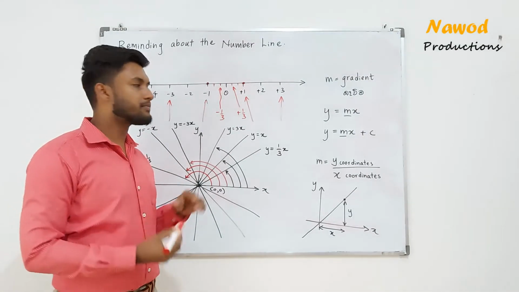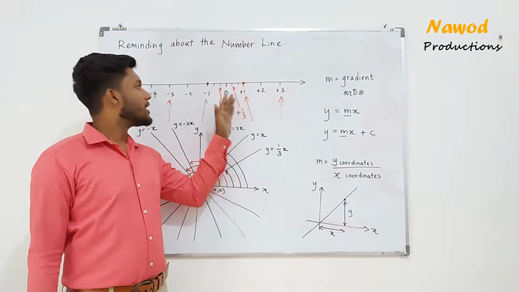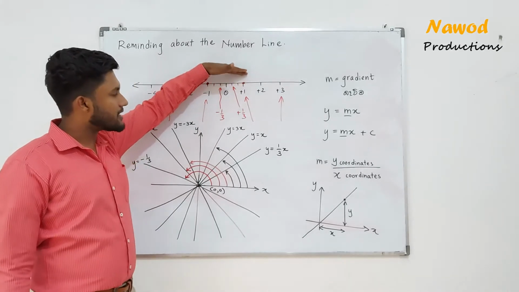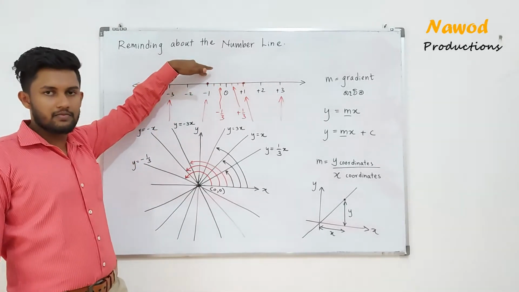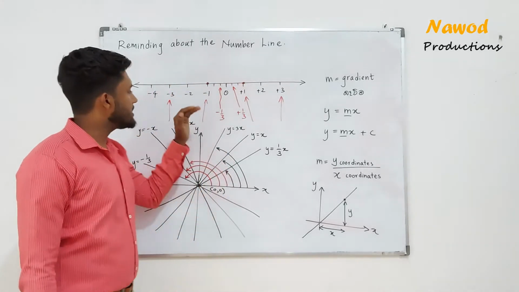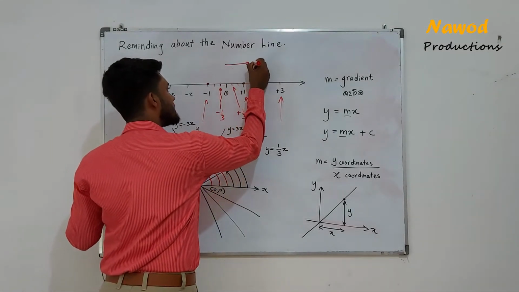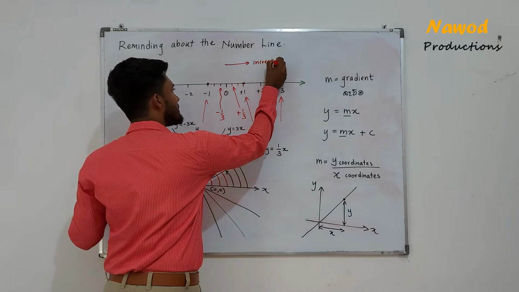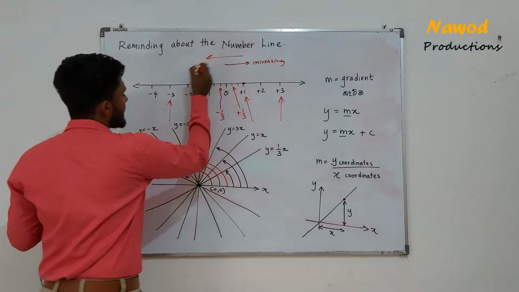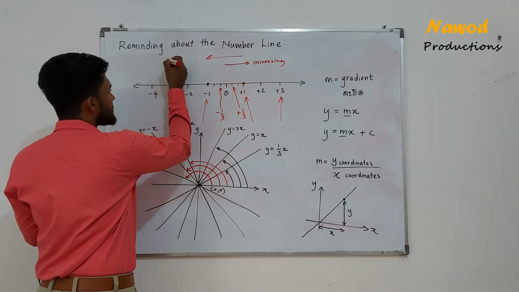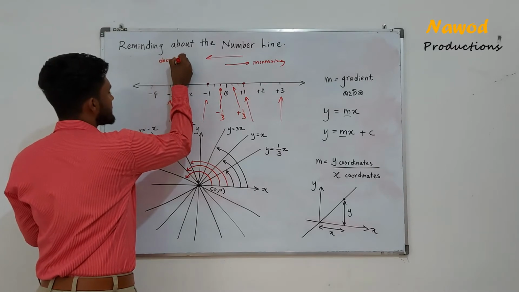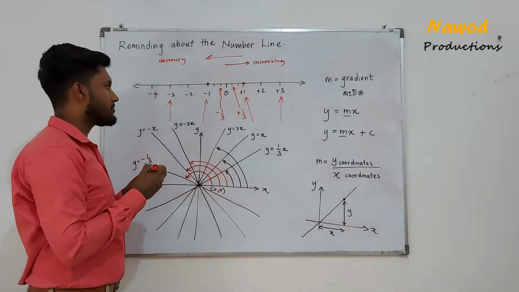When considering plus 1 and minus 1, plus 1 is greater than minus 1. Yes, we want to agree on that point. Then here, going to this side the value increases, and to the opposite side the value of the number decreases.